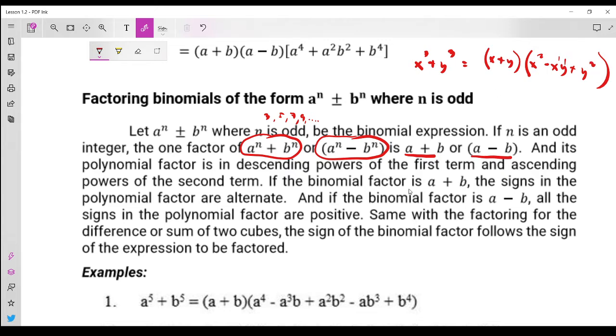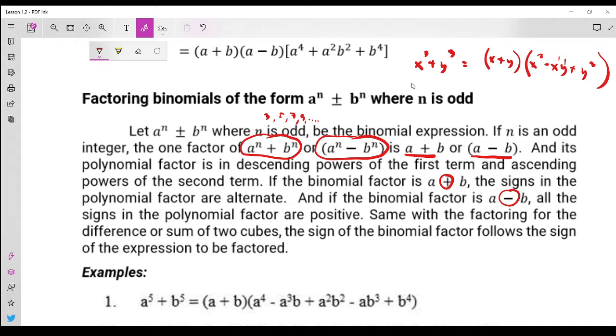If the binomial factor has a plus operation, the signs in the polynomial factor alternate. For example, our sign here is positive, so the sign for the other factor should alternate: plus, minus, plus. If the binomial factor is minus, all the signs in the polynomial factor are positive.